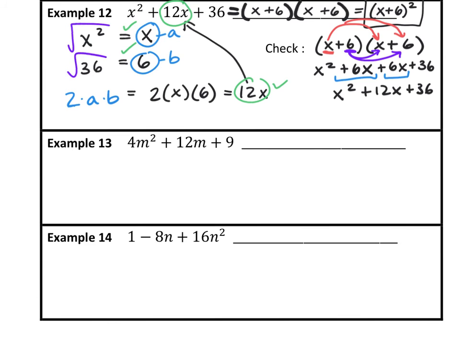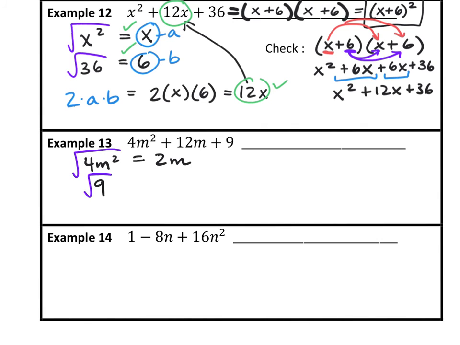And so let's check it out. Let's look at the first term. Can I take the square root of the first term? What's the square root of 4? That's 2. What's the square root of m squared? It's m. And then the last term, sorry, let me write it up here. The last term is 9.